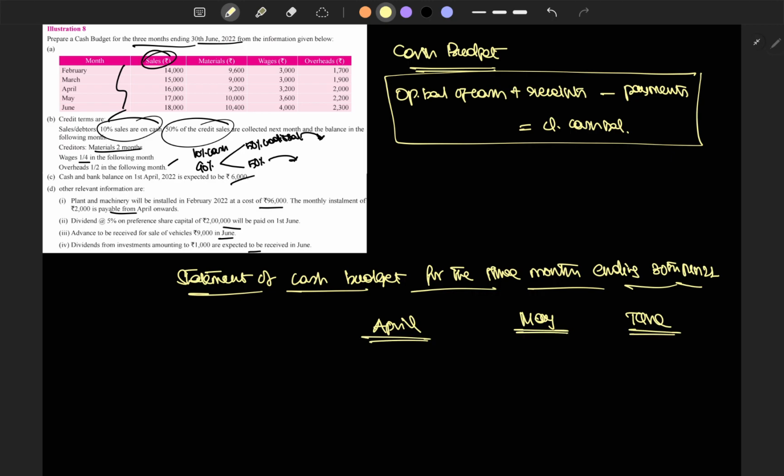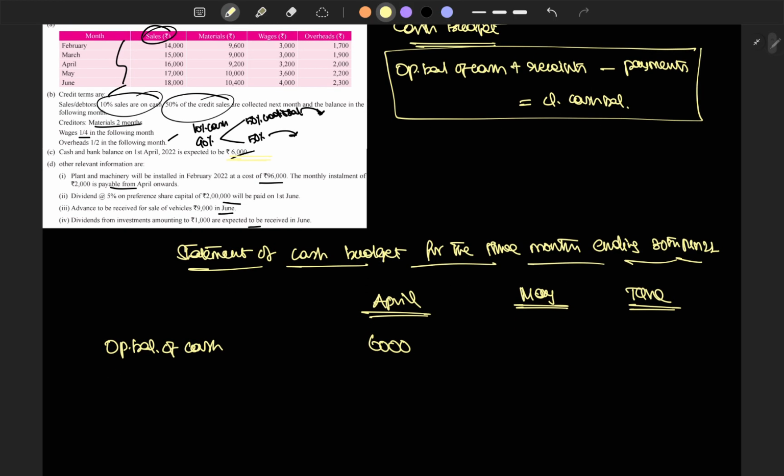As we already know, the cash book always starts with the opening balance of cash, which is 6,000 rupees given in the question, right? Now add receipts.